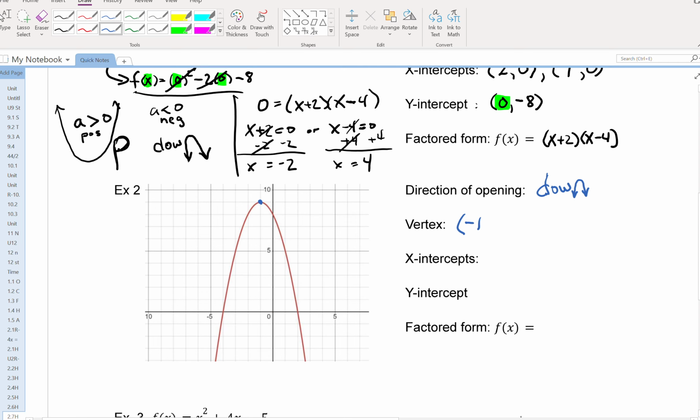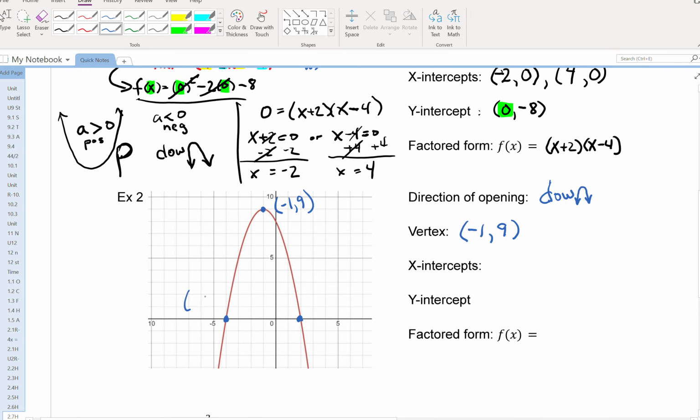It's 1 to the left, and then it goes up to 9. So -1, 9 is our vertex. And then our x-intercepts are the places where it crosses the x-axis. And that would be here at -4, 0 and over here at 2, 0. So -4, 0 and 2, 0.